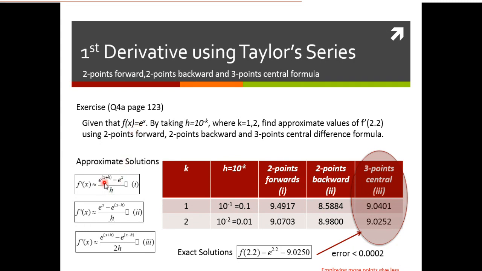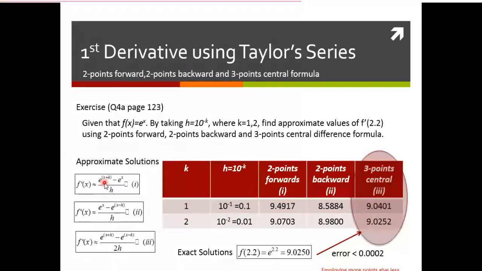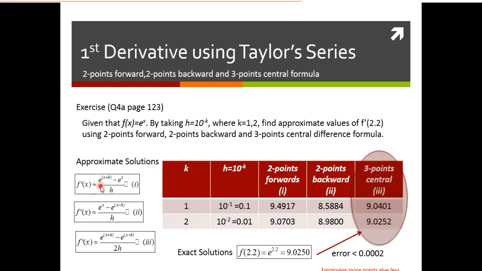In this case, I replace f of x plus h with the function equation, which is e to the power of x plus h, and then minus e to the power of x, divided by h. So this is the simplified formula using the correct function of f of x.